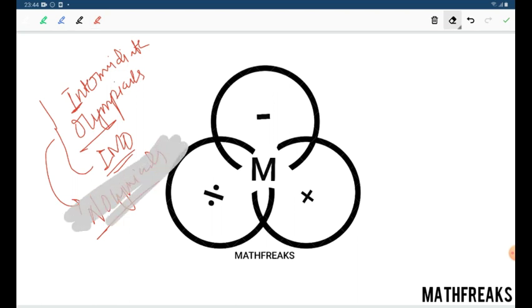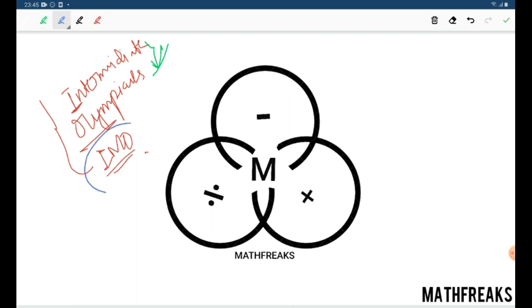This is an essential topic. We will restrict ourselves to the intermediate level, and we will solve an easy problem from the IMO also.